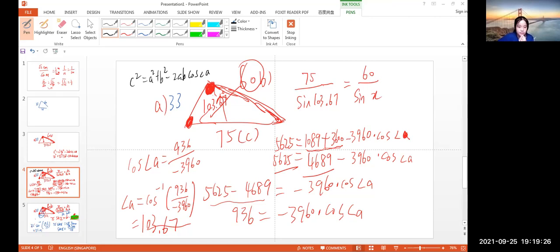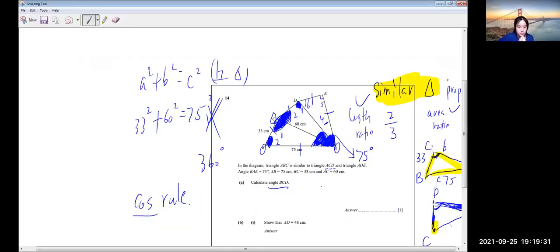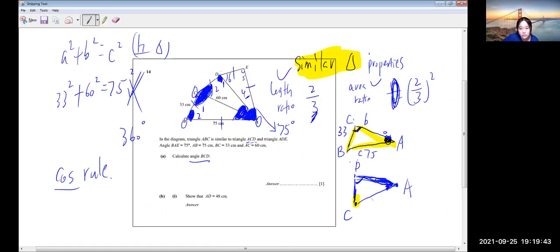But of course, I probably should take a look at your question again, see if I can have a better or easier answer for this question. Now they want to find AD, which is here. With this, I think it's pretty easy. They want to find this one. So AC is 60.